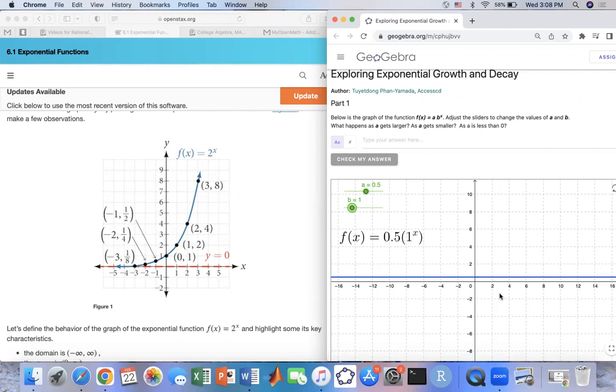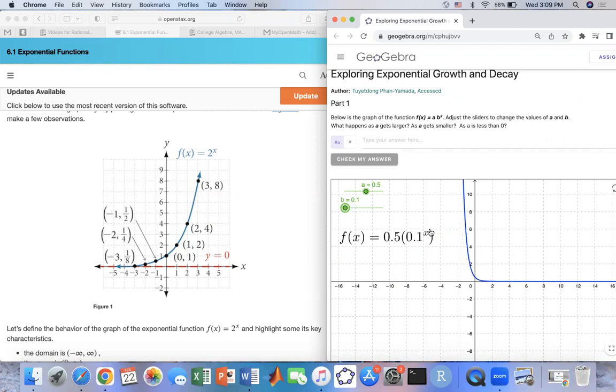Now let's see what happens if I take a value of b less than 1. See what happens here. My graph is tilted the other way around. It rises up on the left and then goes down to the right. And the smaller the value of b I go, the higher the left side will rise. But we will never get to 0, because 0 raised to a power, what is that?